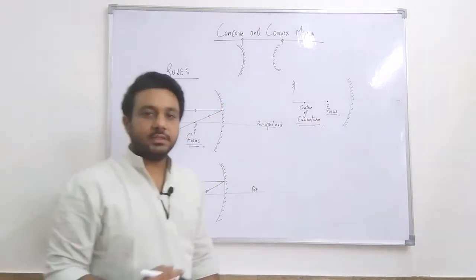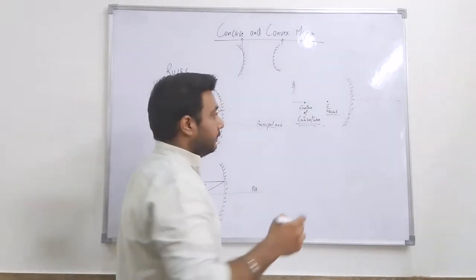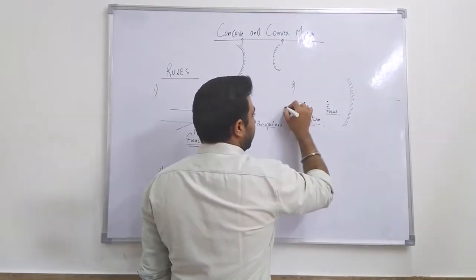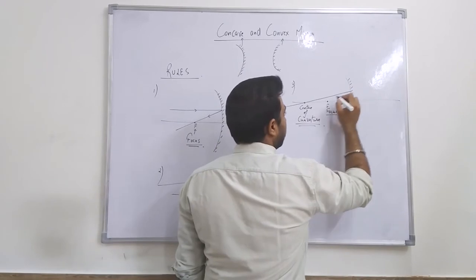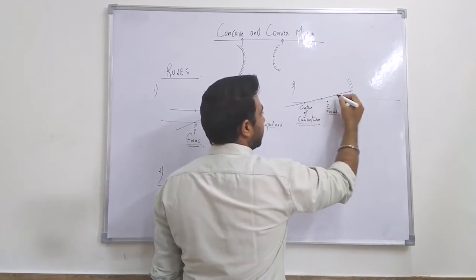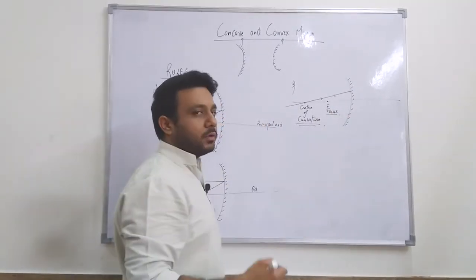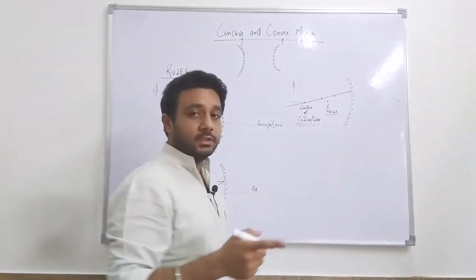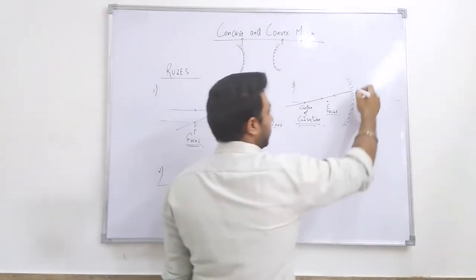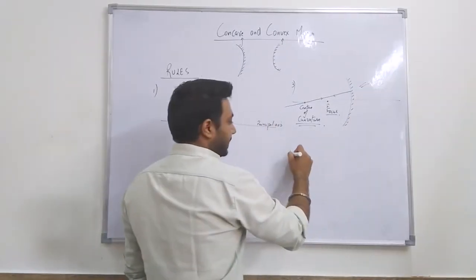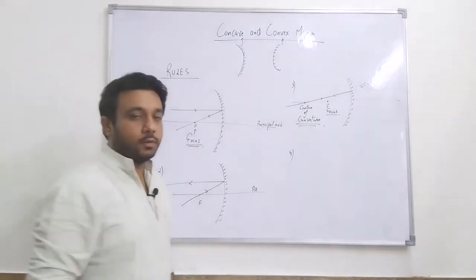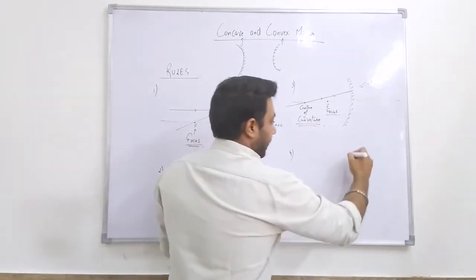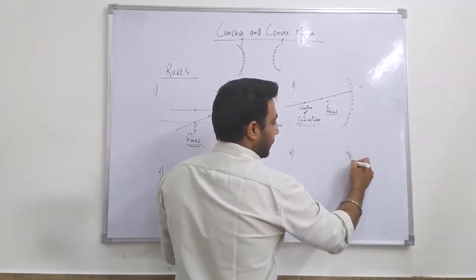Now rule number 3 says that every ray which passes through the center of curvature, after reflecting back from the mirror, will follow the same path. As shown.